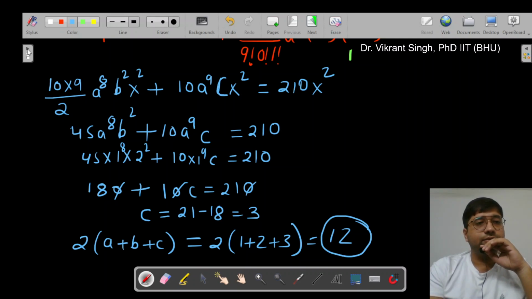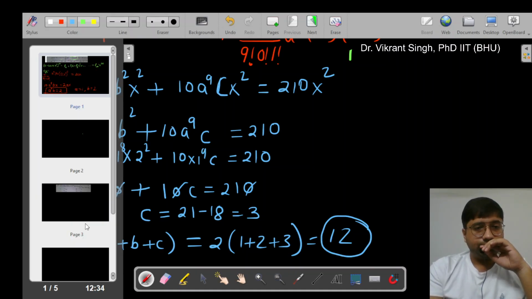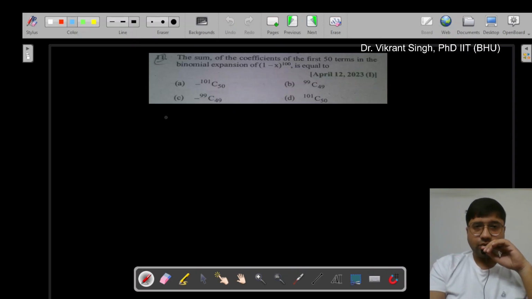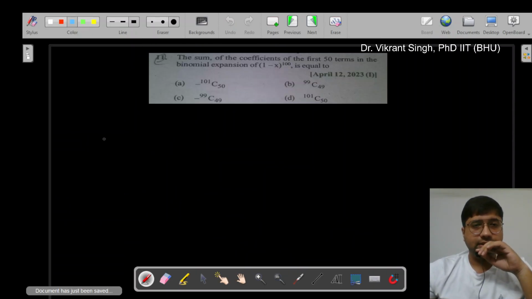Another question we have, question second. This is also of binomial coefficient, so we will see this.